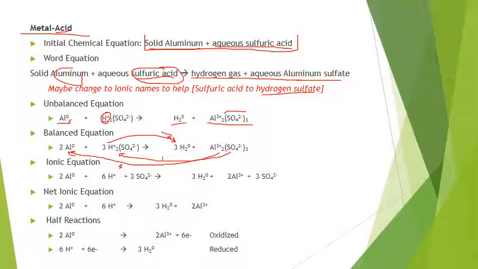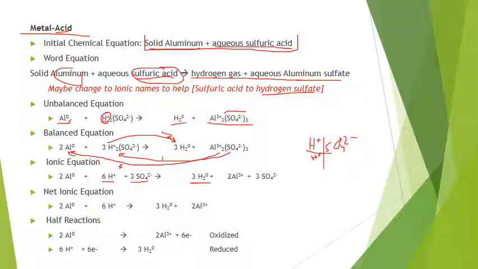The ionic equation. Okay, so what happens? So you have this guy, H2SO4. That splits apart in water. So it's H plus, and this was in a previous slide. So this splits up into 2 H pluses and a SO4 2 minus, and it happens 3 times. So you end up with 6 H pluses and 3 SO4s.